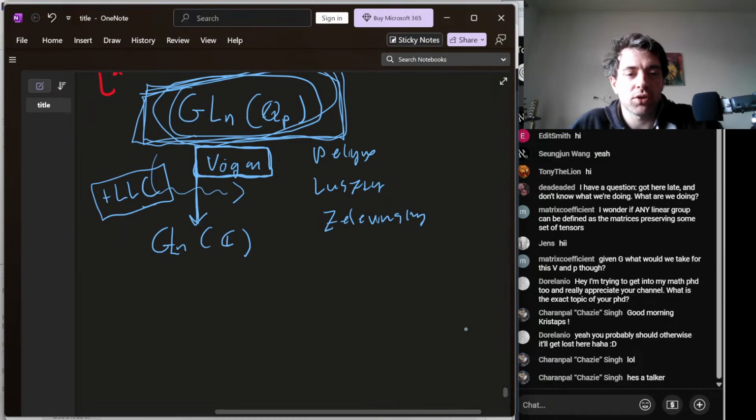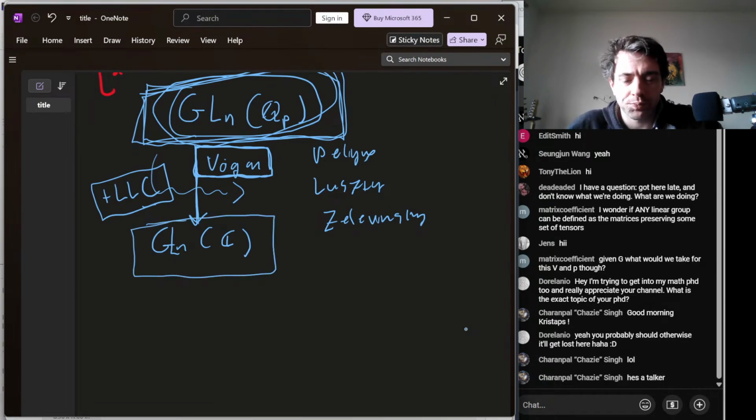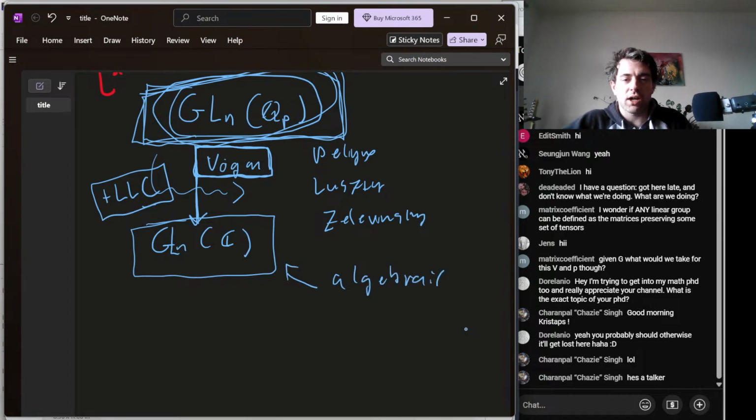That should have something to do with the geometry of GLN. And so what I end up studying a lot of, and what my research group ends up studying a lot of, is actually doing algebraic geometry inside this group and its Lie algebra.